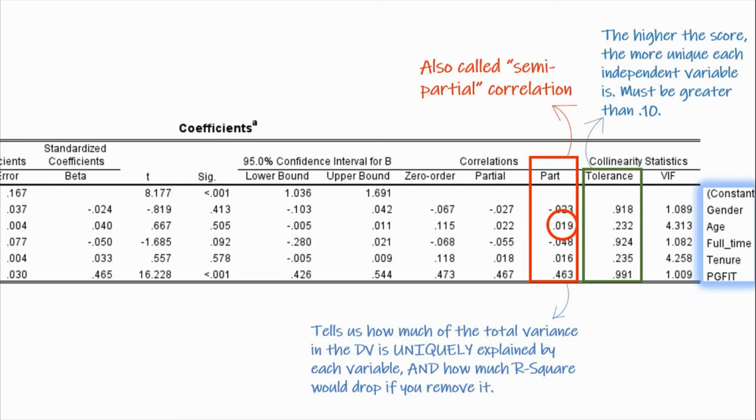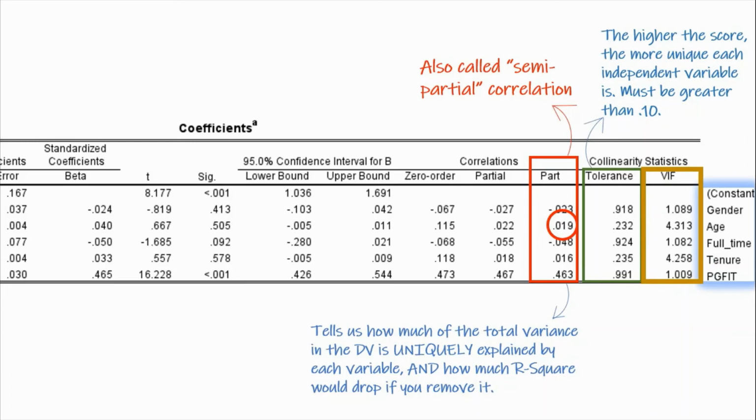Now, what about VIF? VIF stands for variance inflation factor, and it's just the inverse of the tolerance. So it's 1 divided by tolerance. Now, VIF values above 10 would suggest some concern for multicollinearity, but we have no VIF values anywhere near 10, so we have no issues here.